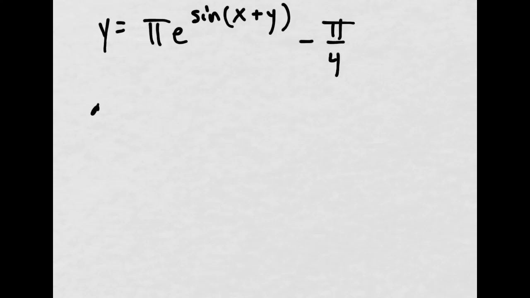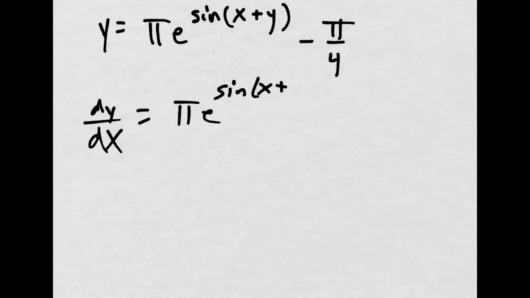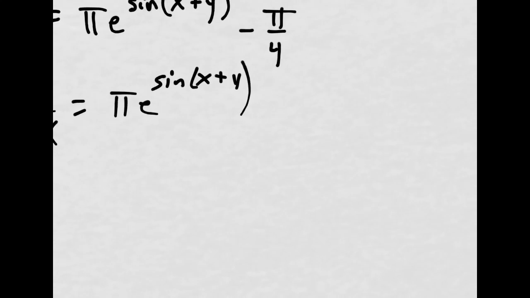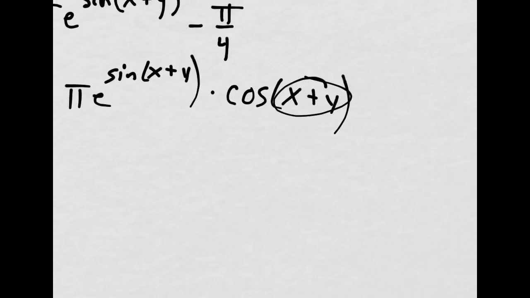So if you take the derivative, you get dy/dx equals pi, this part you did fine, e to the sine(x + y), that's the derivative of the outside with the inside the same, times cosine of (x + y), and then you do the derivative of the inside.